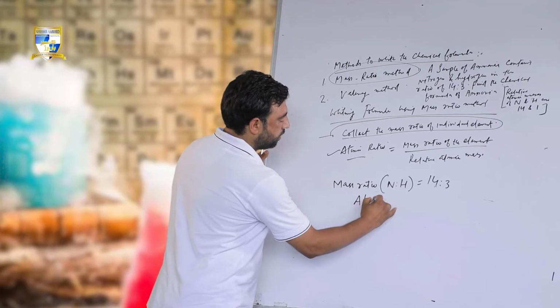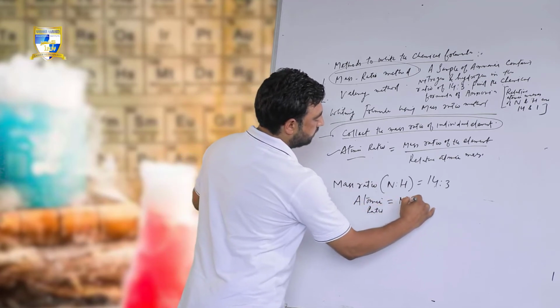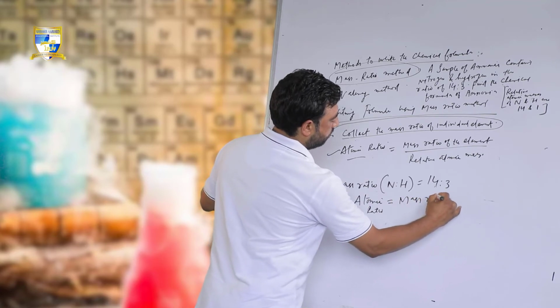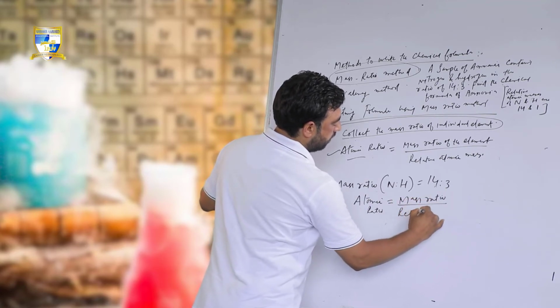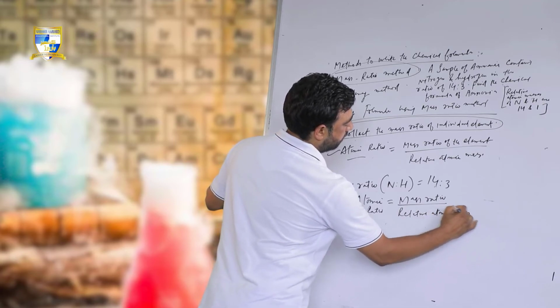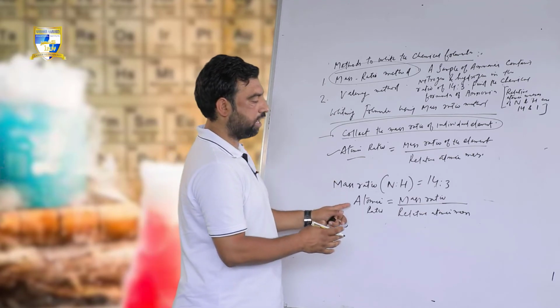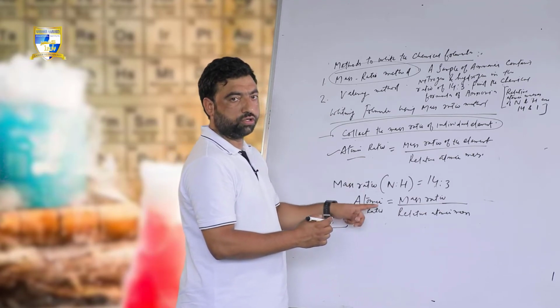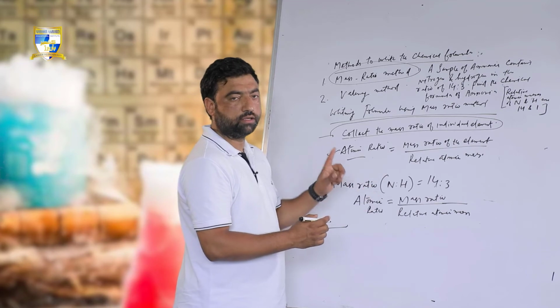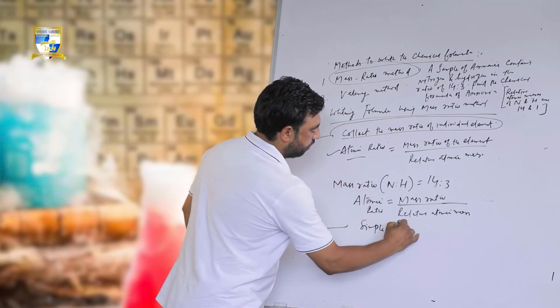Now, atomic ratio is equivalent to mass ratio by relative atomic mass of an element. Fine. Then we have to change the atomic ratio into whole numbers to get the simple ratio.